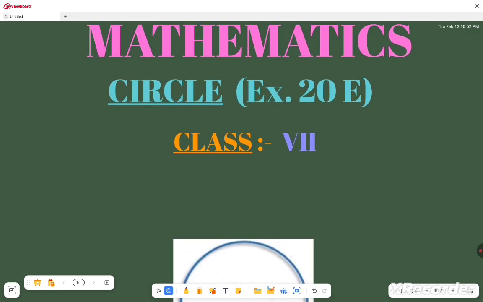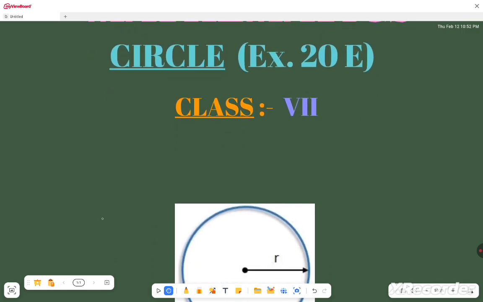So let's begin. As you all know, in our geometry we have various kinds of shapes. We have open figures, we have closed figures. Now in closed figures we have already learned about line, ray, straight line, square, rectangle, parallelogram, rhombus, cube, spheres.